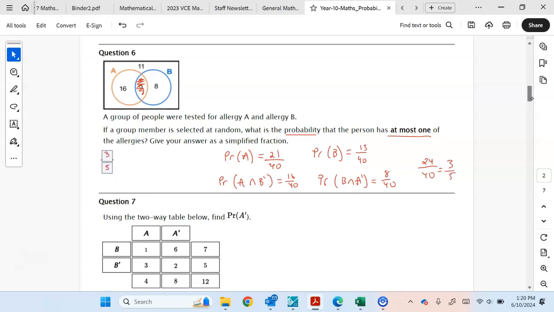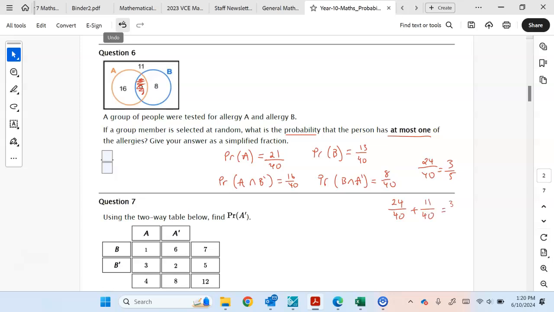All right, so just to recap, this inequality, at most 1. Oh, actually, I've just realized you could have none as well. So 3 out of 5 means you have 1 allergy, but you could also have no allergies. So we've got to add that on. So 24 over 40 plus no allergies.